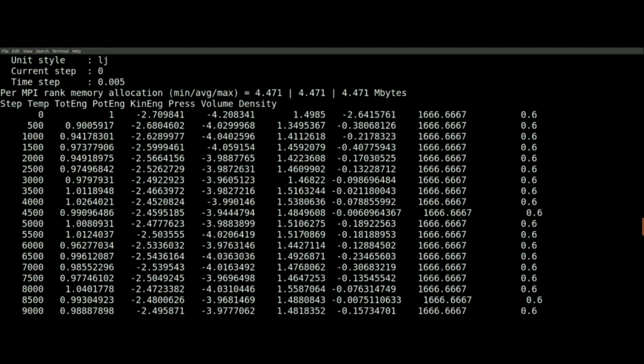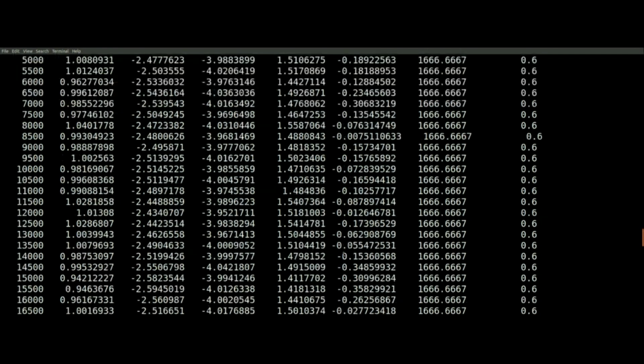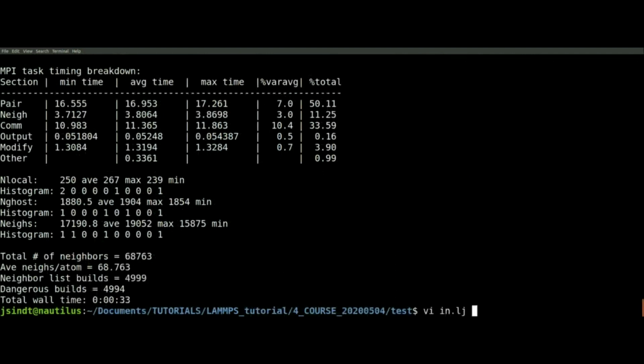And the more or less means we are okay with the temperature increasing a bit or decreasing a bit, but overall to be 1. And the final number that we'd set in our input script, that was a 5. The simulation's run, so I might as well show you guys.